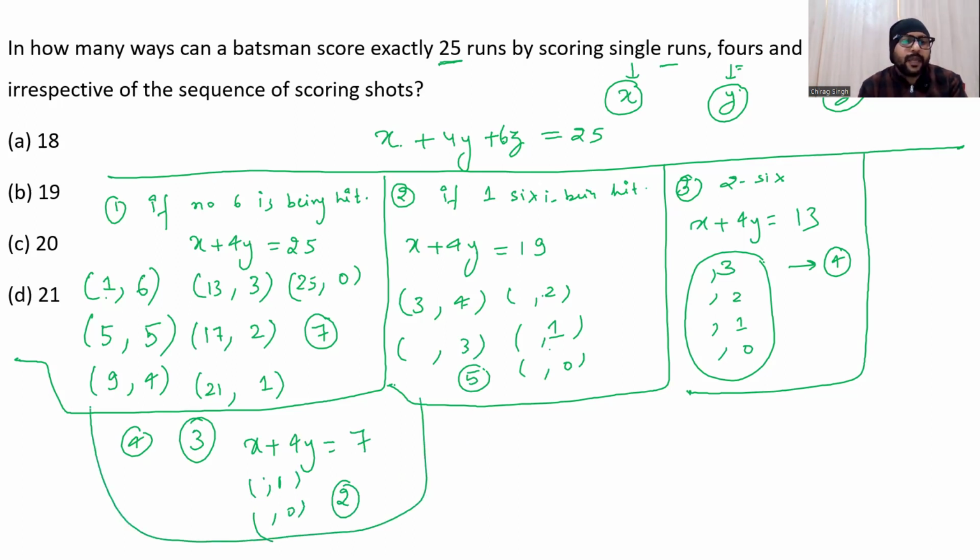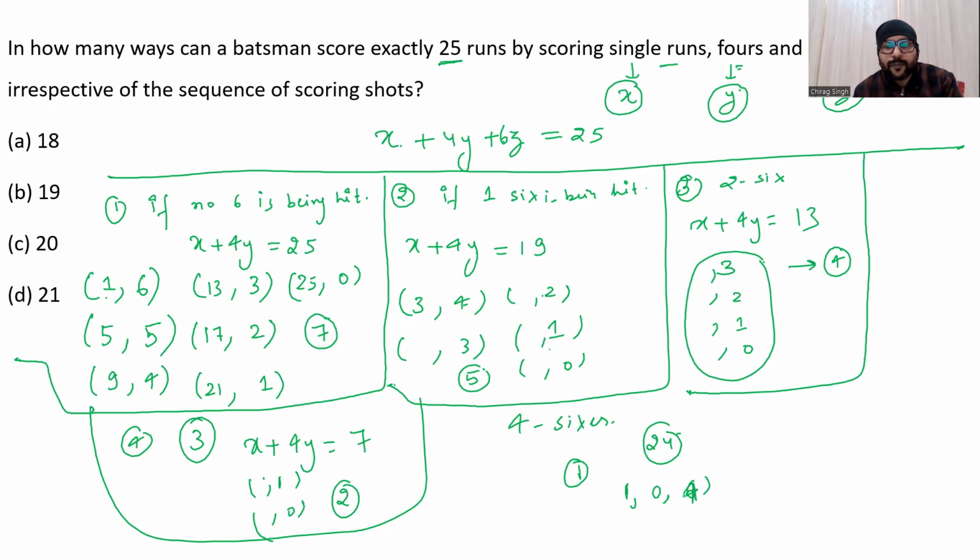Now, let's say if I have hit 4 sixes, which means 24 runs I have scored. Now I can take only one single. I have no scope to hit a boundary, which means only one case. That would be one single, 0 boundaries, and 4 sixes.